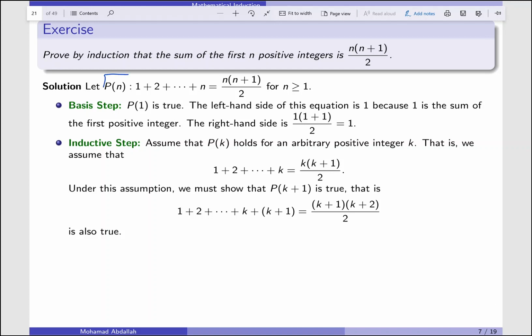Instead of n here, put k. So that means that the sum of the first k integers, so 1 plus 2 plus etc. up to k, should be equal to k times k plus 1 over 2. Now, under this assumption, this right here is what we call the induction hypothesis.